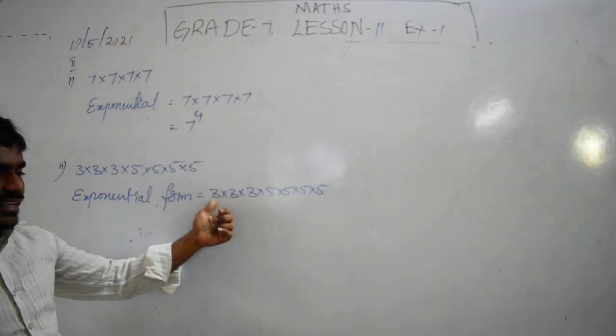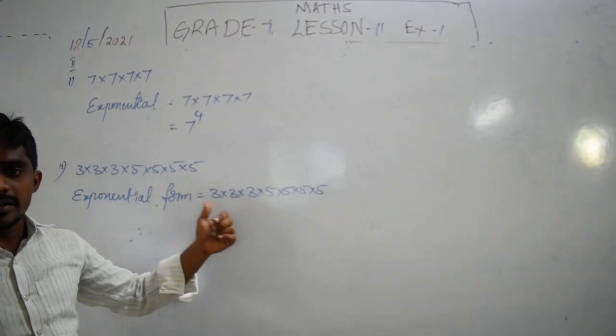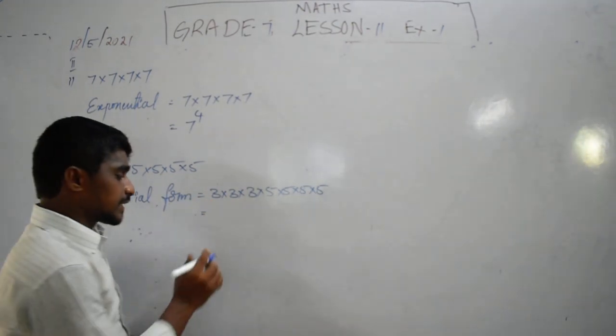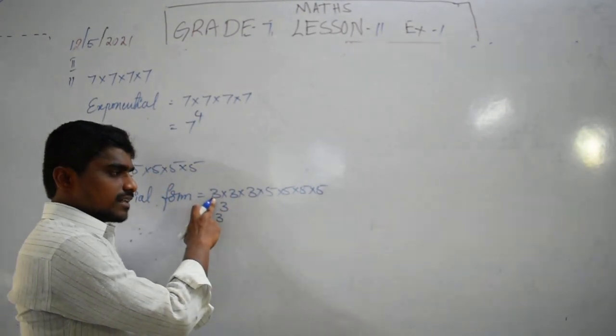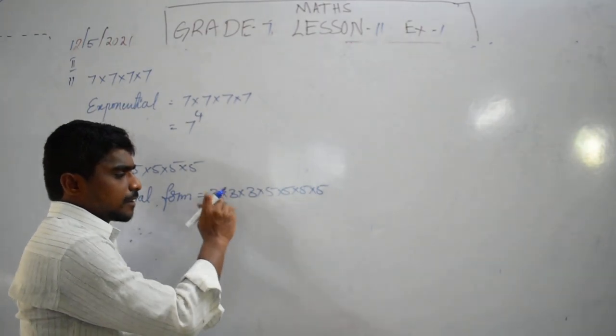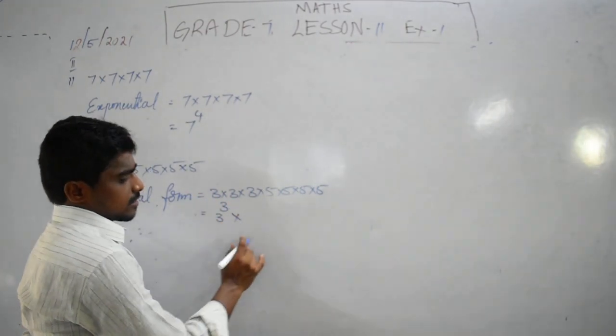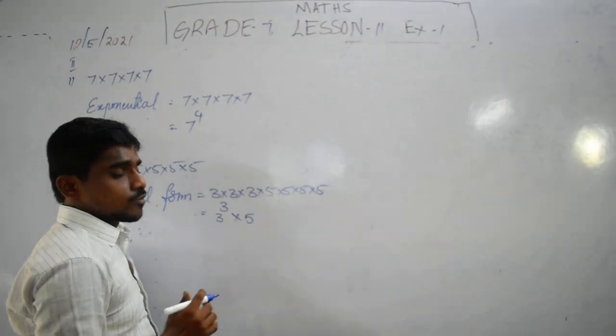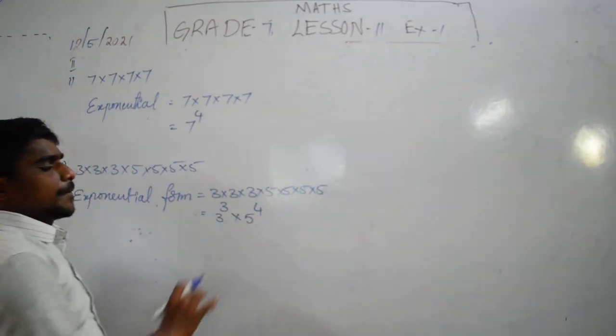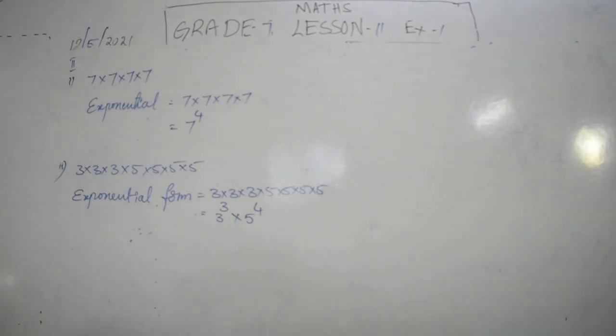Here 3, how many times multiply? 3 times. So 3 power 3. Mark 3. 3 times we multiply. 3 power 3. 5, how many times are we multiplying? 4 times. So 5 power 4.